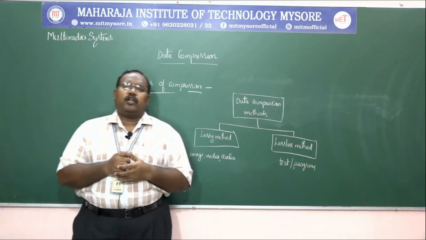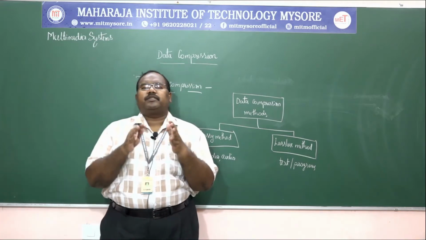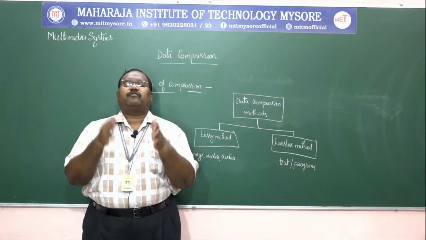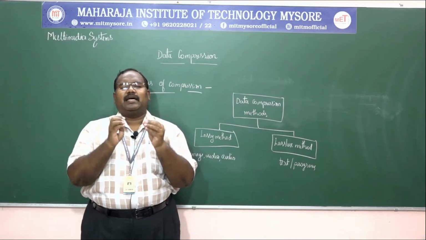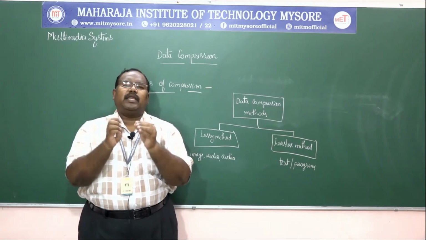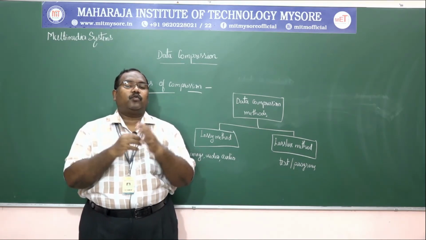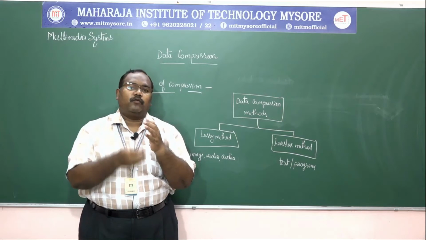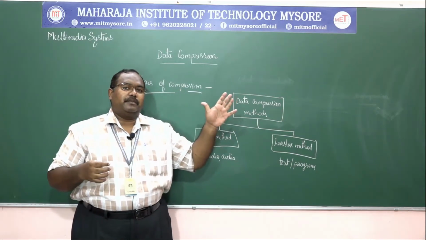So when you talk about lossy compression, what happens? Lossy compression restores the large file into its original form with the loss of some data, which is considerably negligible. Why do we need to restore? We need to restore the image or the data after compression. That is called the decompression method.